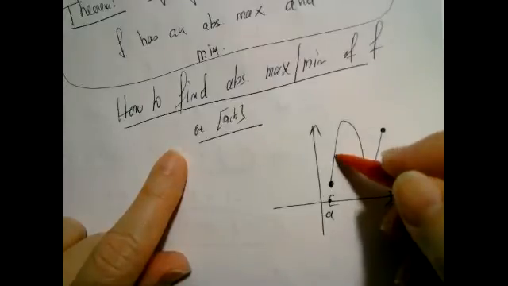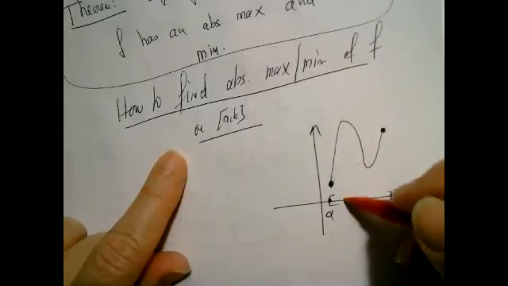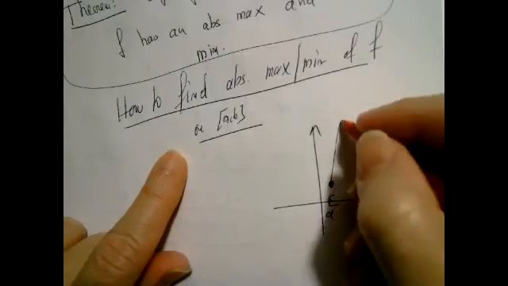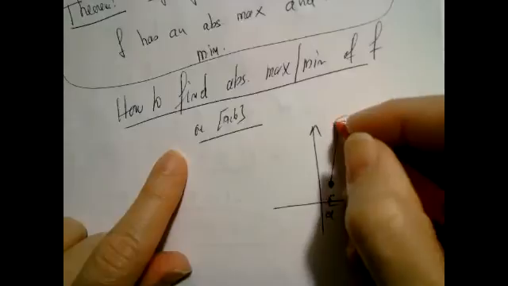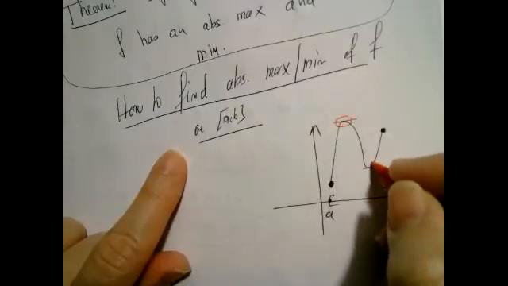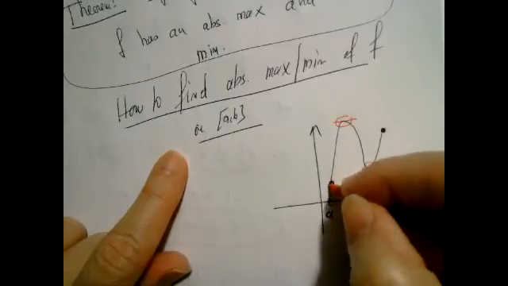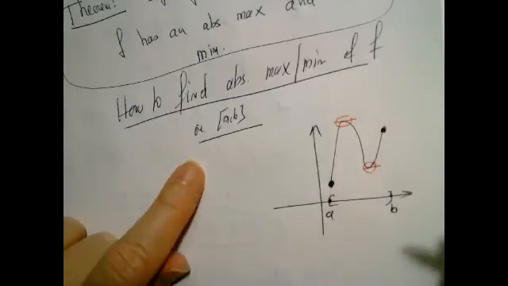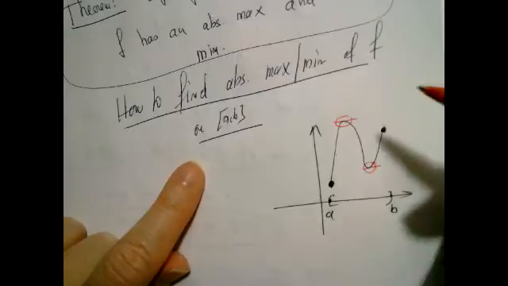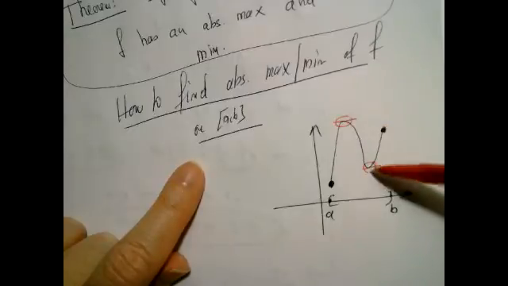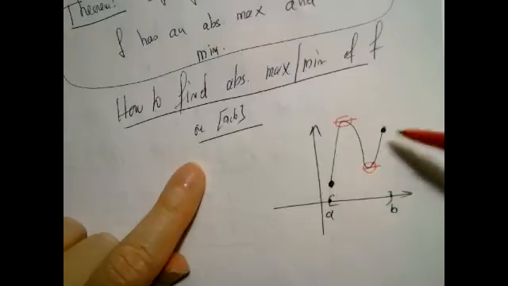This point is not going to be an absolute max. The absolute max is going to happen either here at the critical point, where the derivative is 0, or it can happen here at the end point. There is no other place for it to occur.